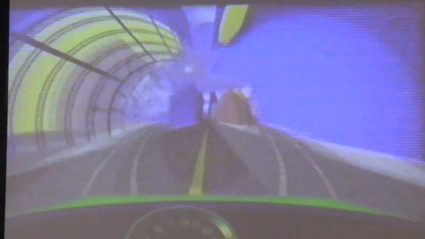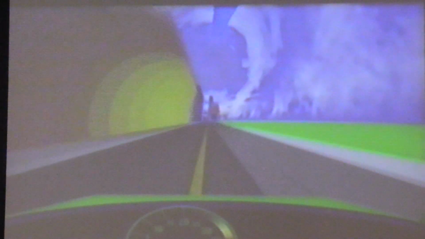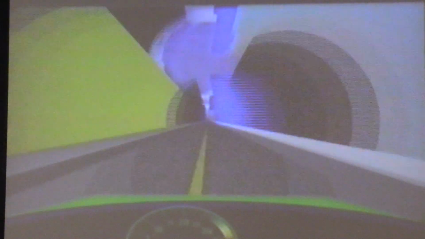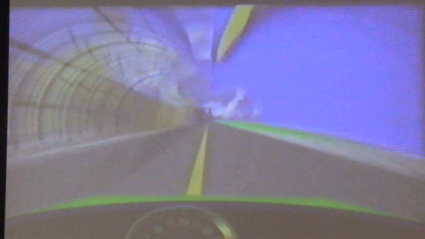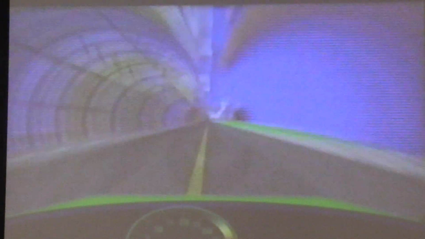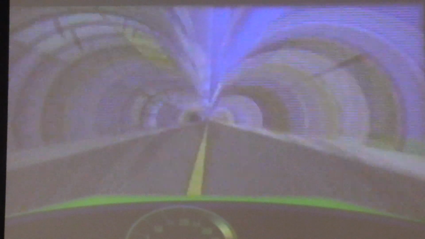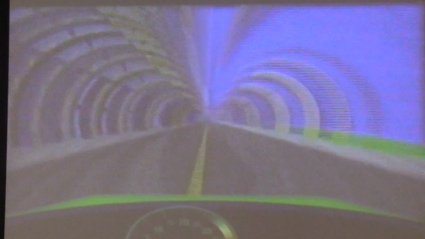So here we go. Beta is 0.99, 0.999, 0.9999, 0.99999.